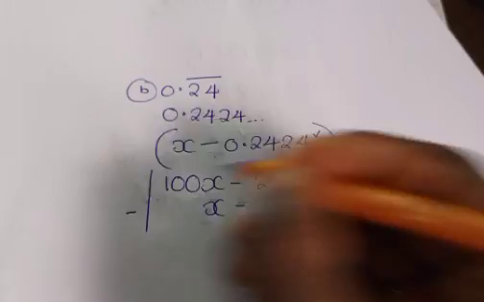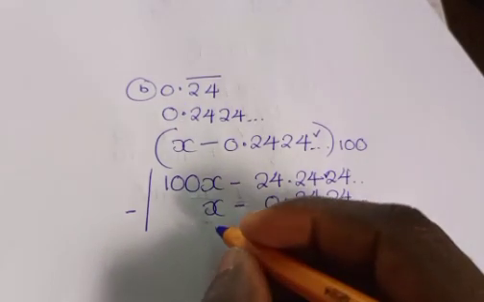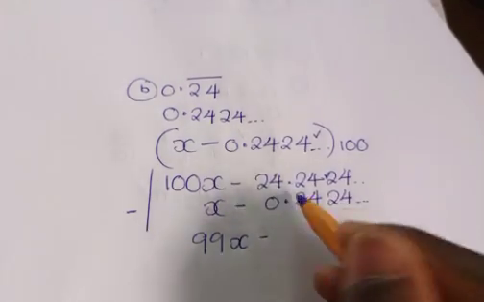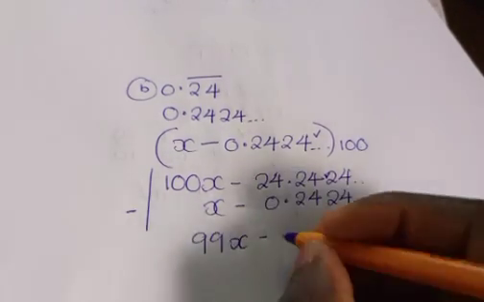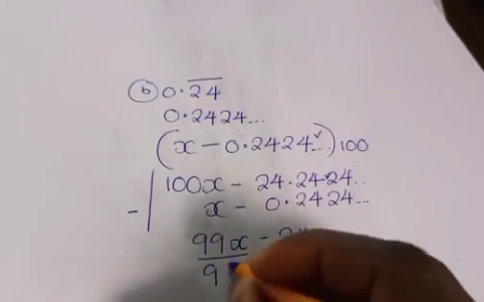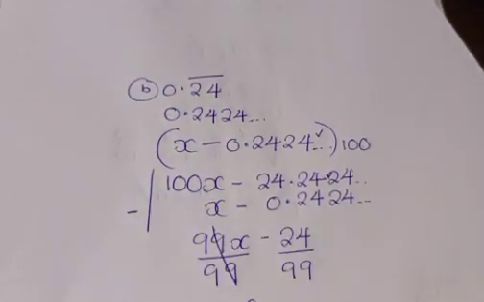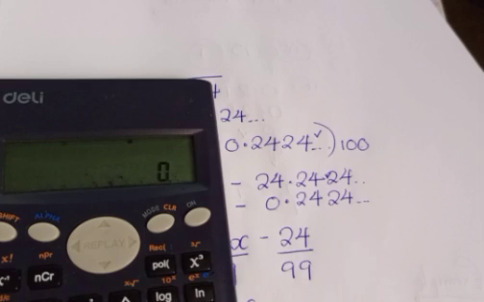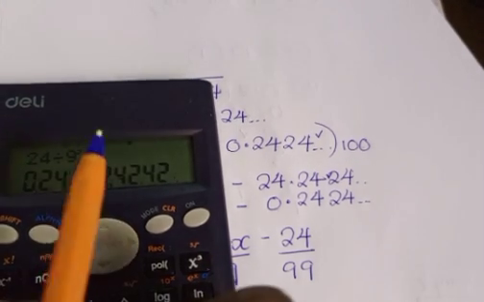Then from here you will subtract 100x minus x, that is 99x. Then from here 24.2424 subtracted by this, you will get your answer to be 24. Then from here you will divide both sides by 99 so that you find the exact value for x, which will enable you make 24 over 99 in form of a over b.